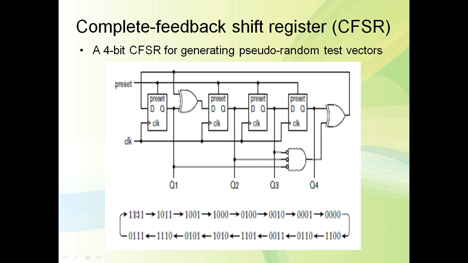It has a preset, it will start from 1 1 1 and move likewise. If we see here, all the possible test patterns are there, including 0 0 0. So it is a random test pattern generator, and in this way we can generate all the possible test patterns.